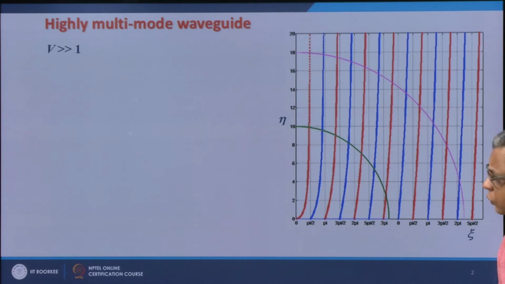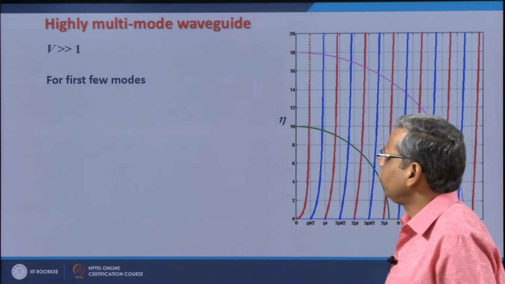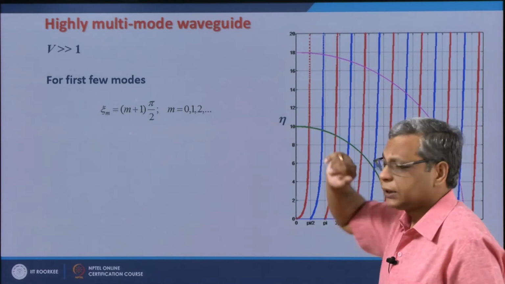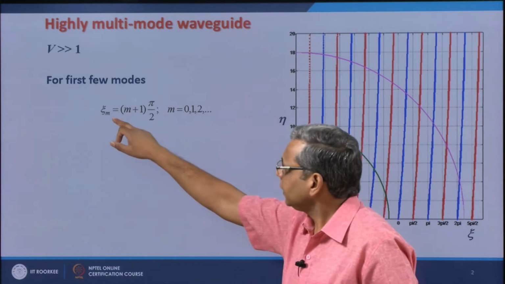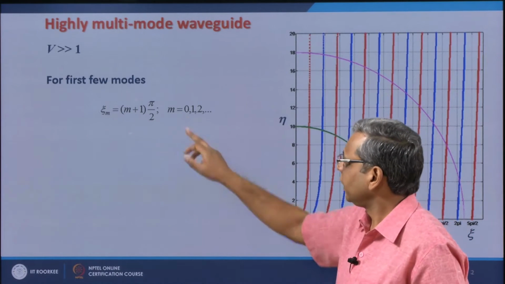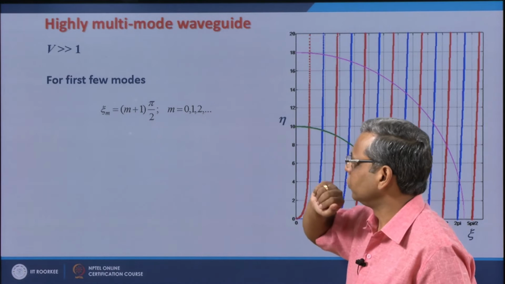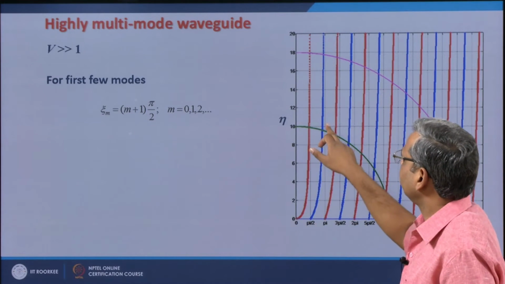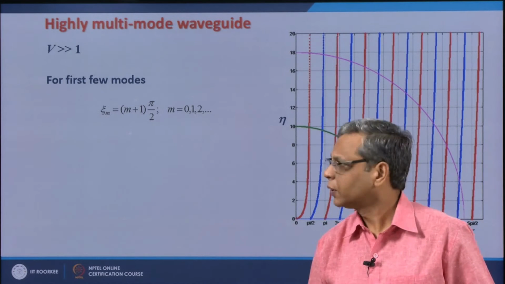So, for first few modes, the points of intersections can be given by xi m is equal to m plus 1 pi by 2, where m is equal to 0, 1 or 2. So, for m is equal to 0, it is pi by 2, for m is equal to 1, it is pi, and so on.